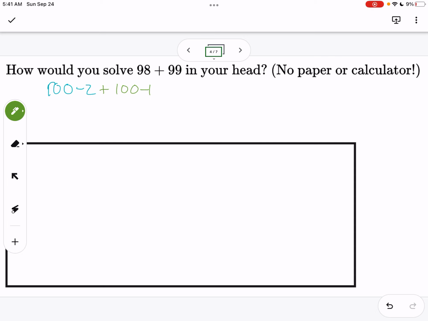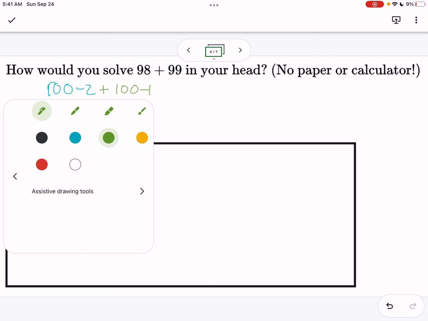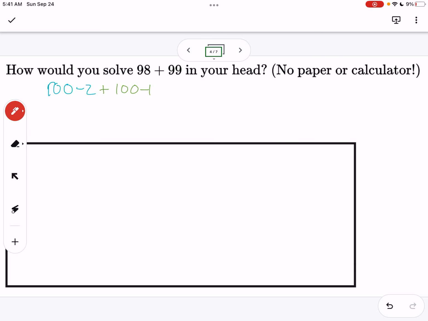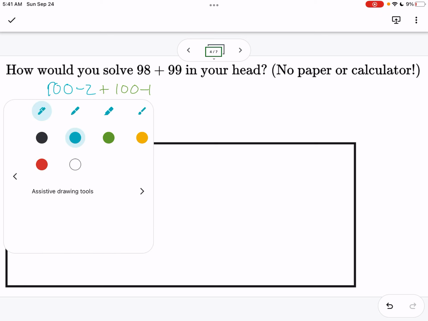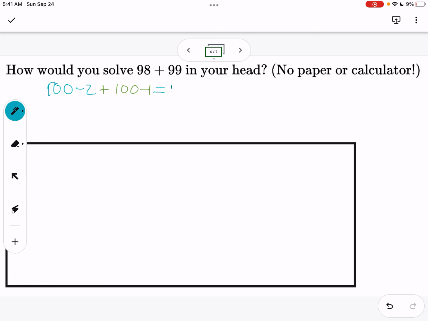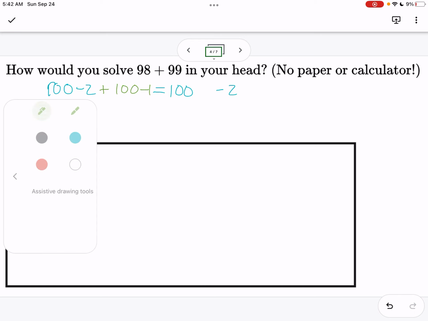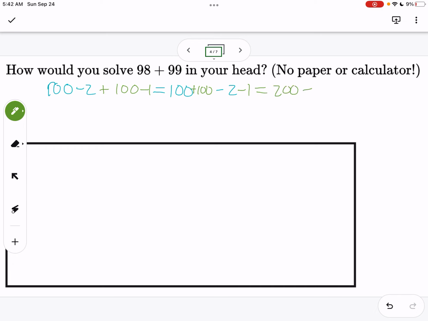Well, I can just add my 200s and then subtract off my 2 and my 1, to get 200 minus 3, which equals 197.